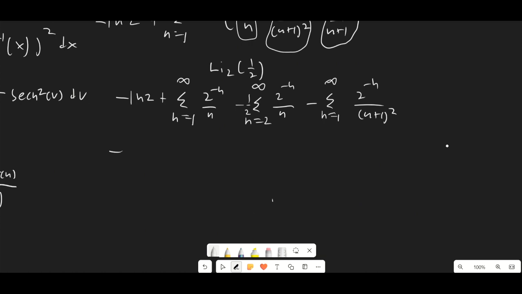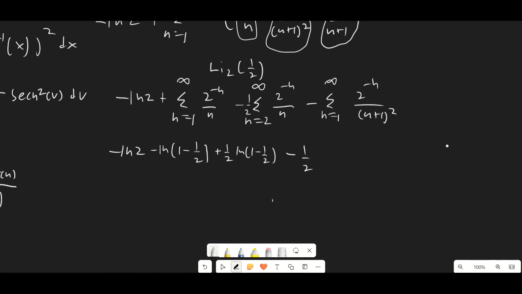So overall we get negative ln 2 plus, or actually minus, ln(1 - 1/2) plus 1/2 ln(1 - 1/2), and then minus whatever the first term of this was going to be, which is just 1/2. And then this right here is going to be based on the dilogarithm of 1/2, which is really, really nasty and a very difficult calculation.